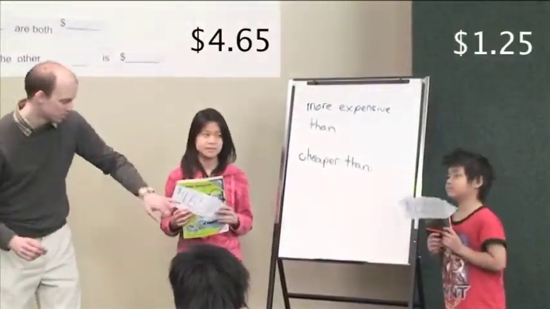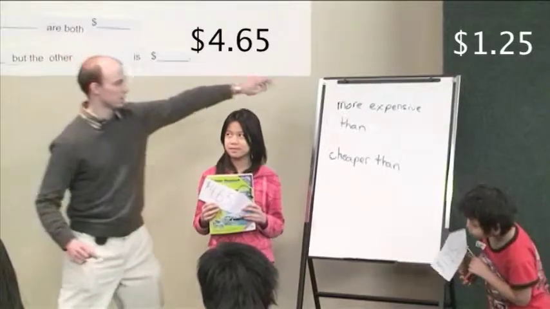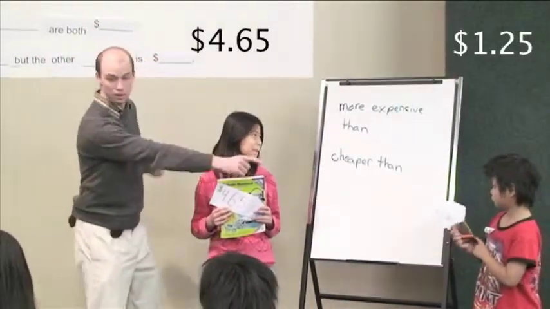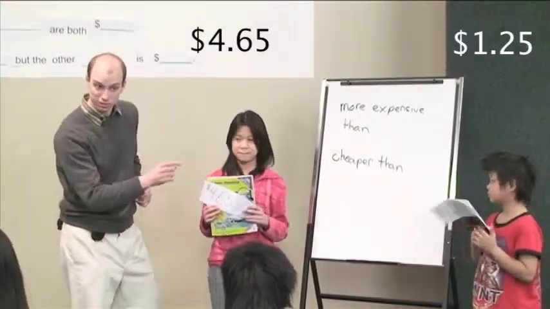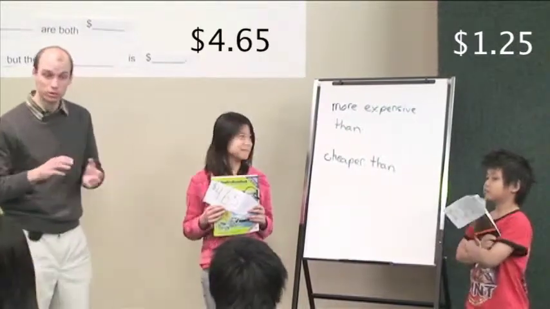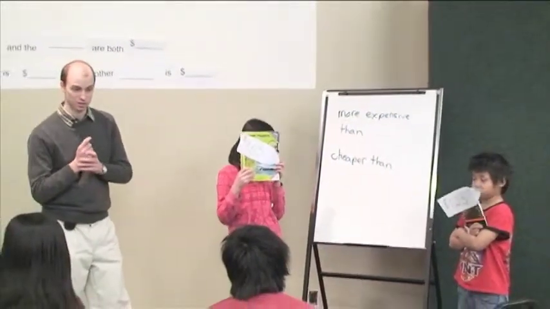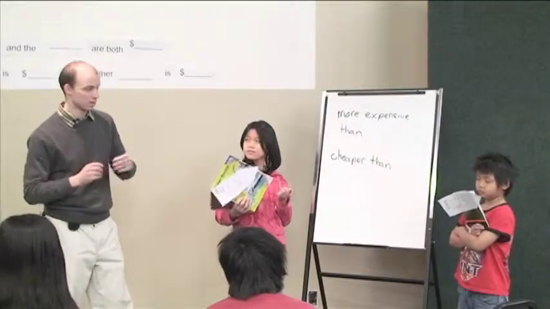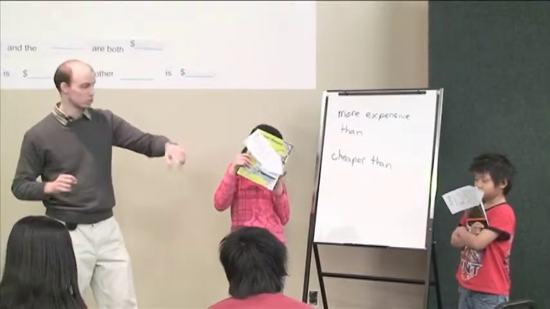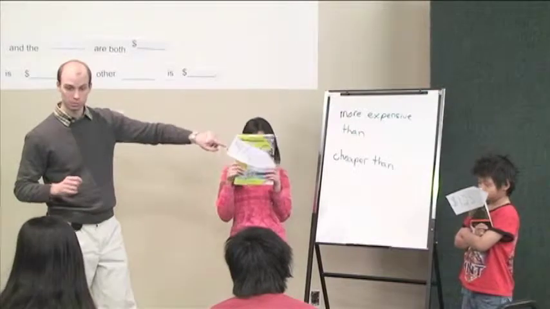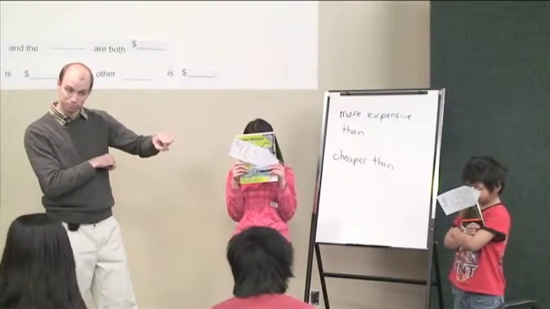Okay, does it make sense? $4.65 is more expensive than $125. Now where would they go if we wanted to say cheaper than? Which is cheaper? Okay, so the small book is cheaper than the big book, so then they would have to switch.